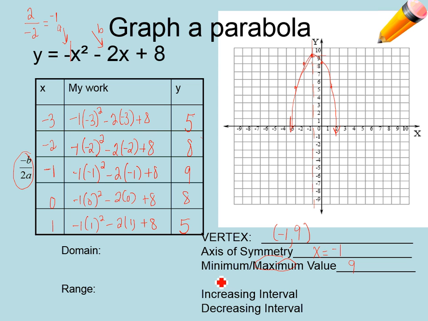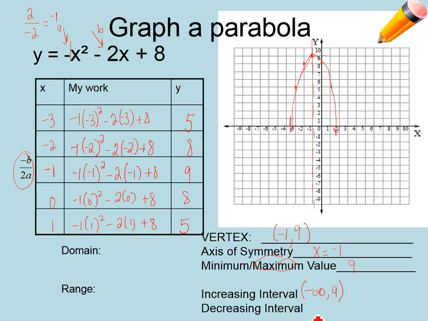Because the U shape is upside down, the graph is increasing on the left-hand side. So here is where my graph is increasing to get to the maximum height, and it's increasing from negative infinity all the way to the maximum value, which is 9.